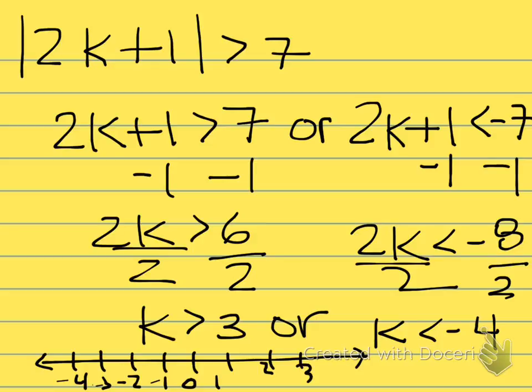And I'd have an open circle at both negative 4 and 3. And k is greater than 3, so it would go this way, and k is less than negative 4, so it would go the opposite, which is how most OR graphs look.